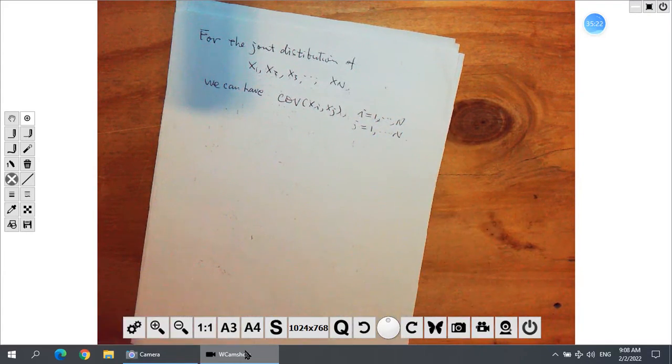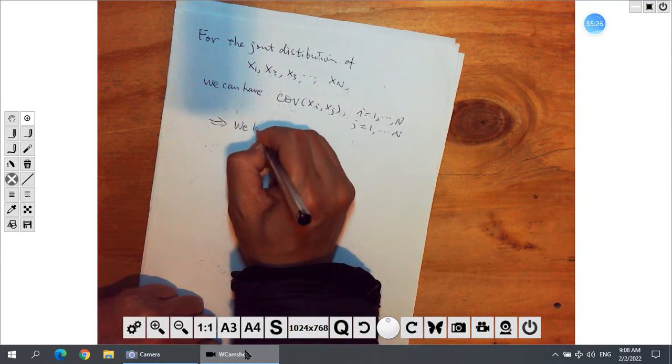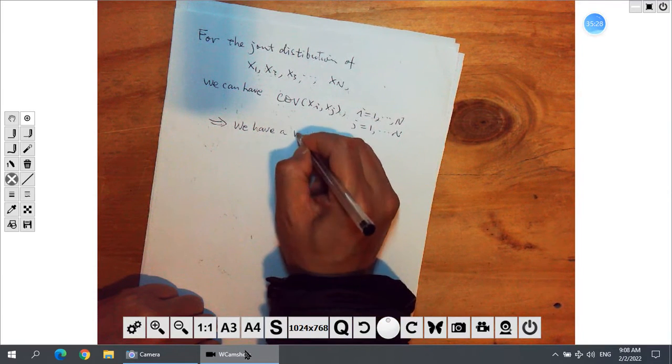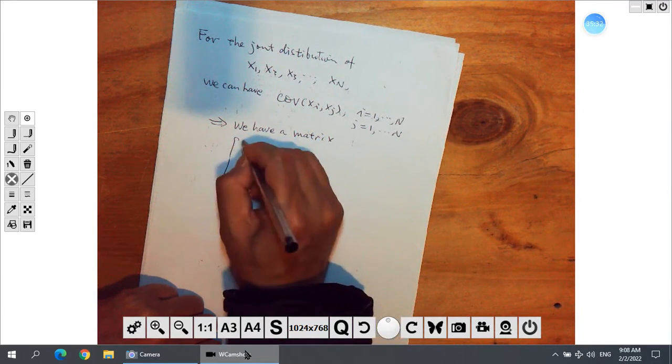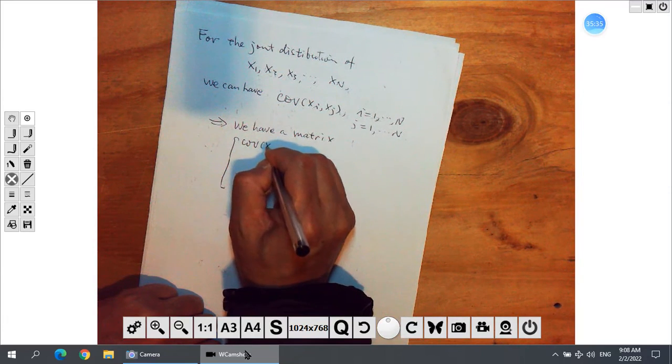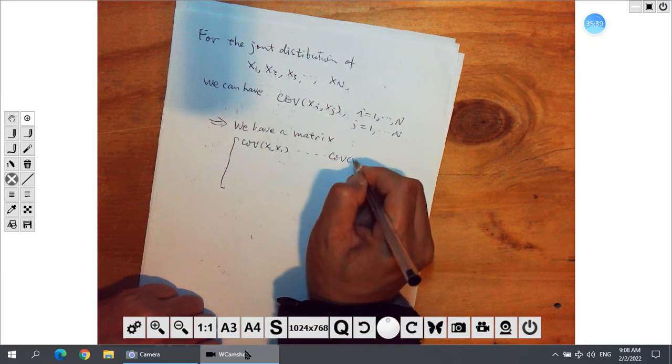So we have a matrix. The first row is the covariance of x1, x1 until the covariance of x1, xn.